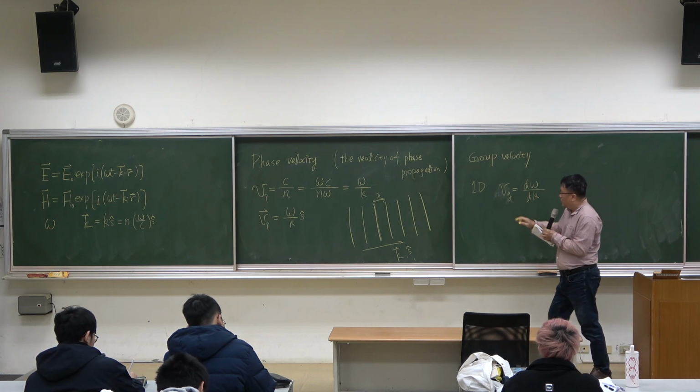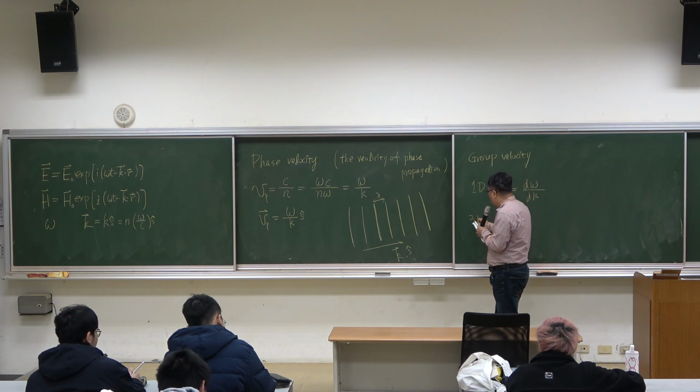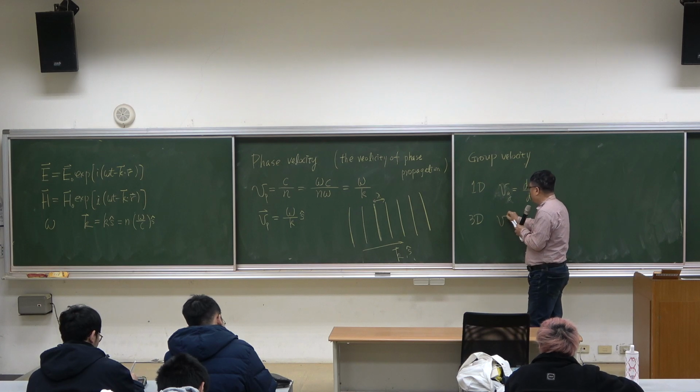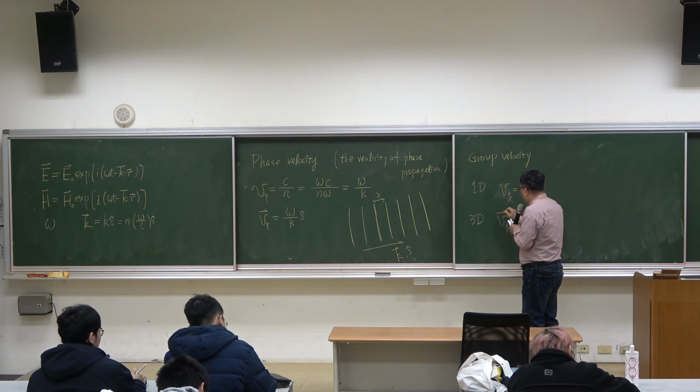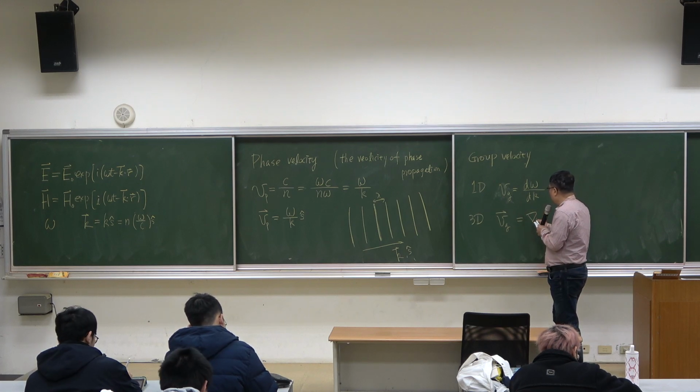Okay. So we generalize this idea into the 3D space. Then we have a vector Vg defined as gradient omega.